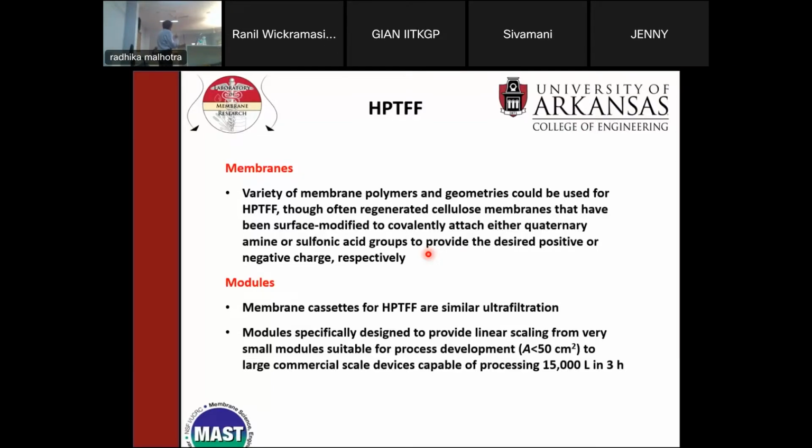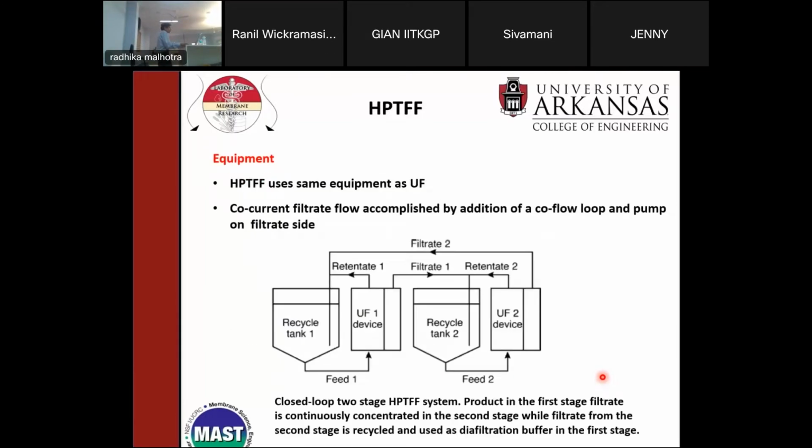The downside is it's not so stable under varying pH conditions, so you have to be careful. Membrane cassettes for HPTFF are similar to ultrafiltration modules, specially designed for linear scaling from small modules suitable for processing, say, less than 50 square centimeters, to commercial devices capable of 15,000 liters in 3 hours. Okay, so that's quite a range.